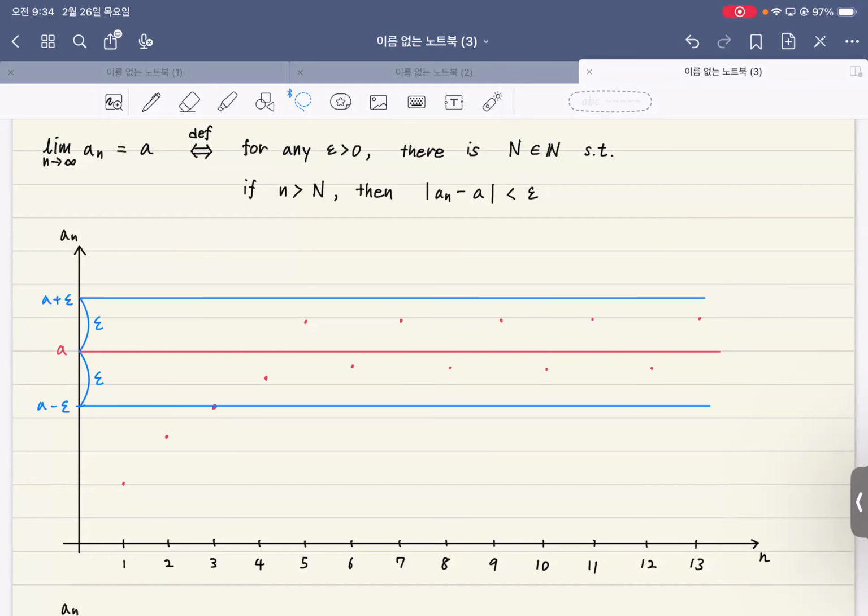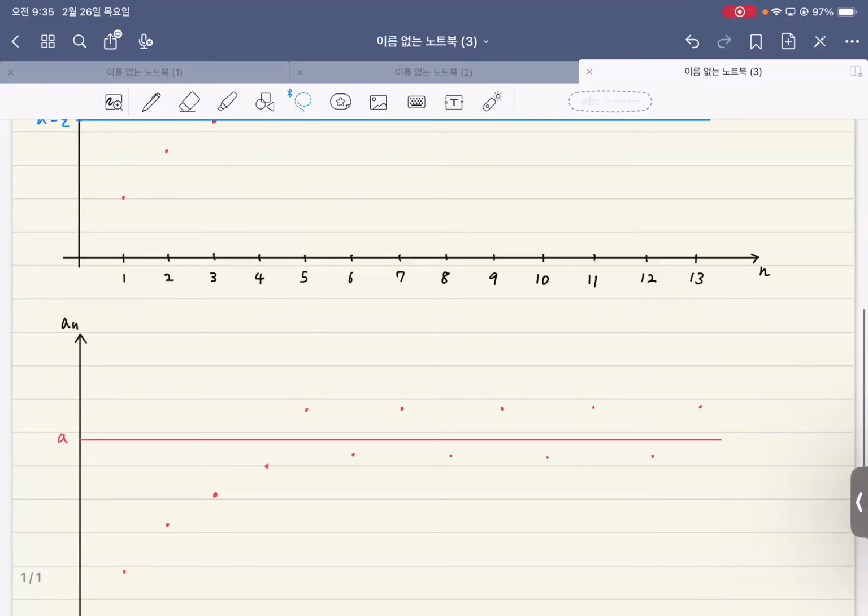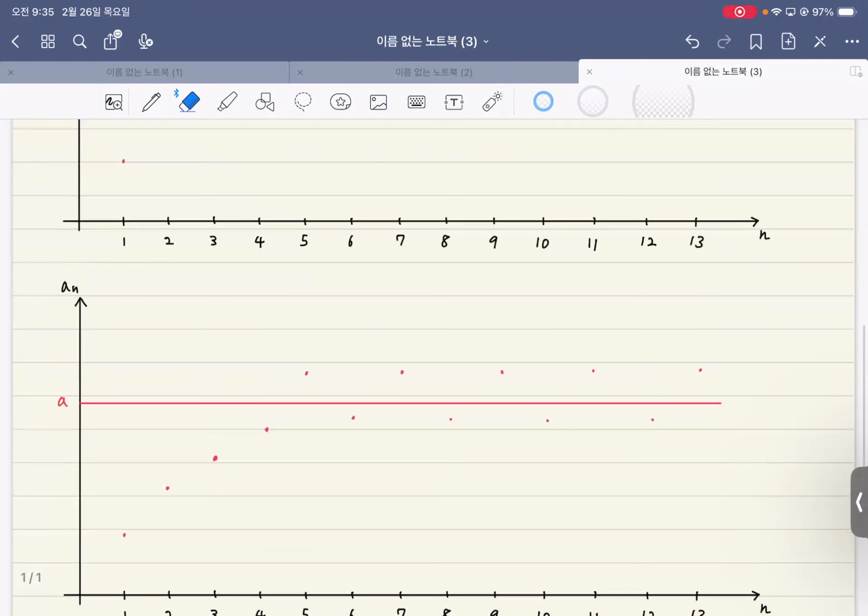But you have to be really careful. In order to say that the sequence is converging to number A, you must be able to find this number n for any arbitrary positive epsilon, right? So this time around, I gave the student an even smaller epsilon. The length of this line segment is my epsilon.